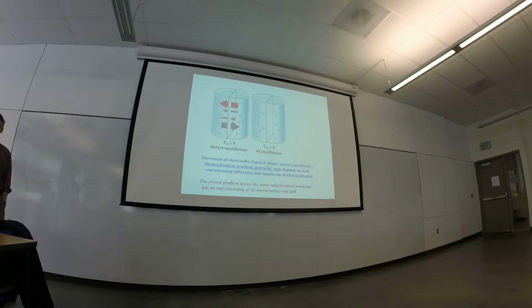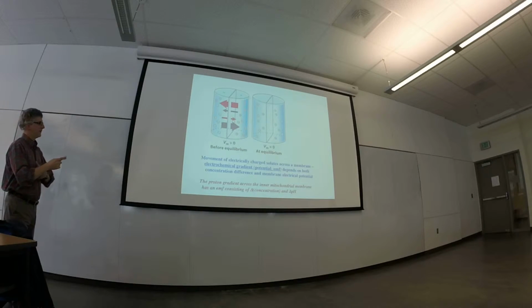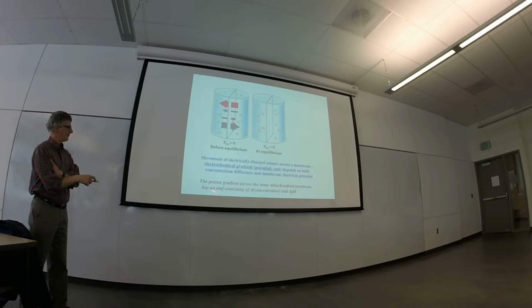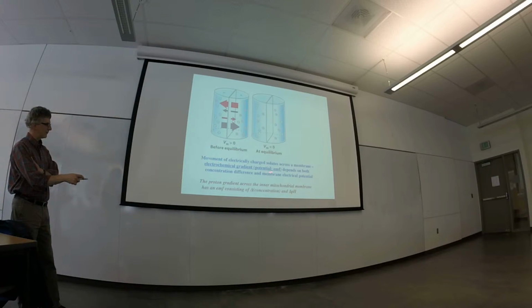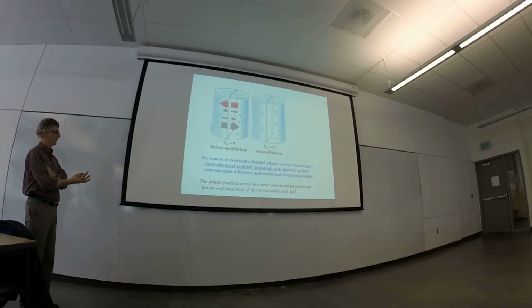Right? But since the proton is electrically charged, it's also a gradient of charge. And so we can speak about this as a voltage. We won't be talking about the details of the quantitation of it. But in general, we should appreciate that electromotive force, or voltage, or electrochemical gradient, or potential, whichever word you want to use, these words are all pretty much equivalent to each other.